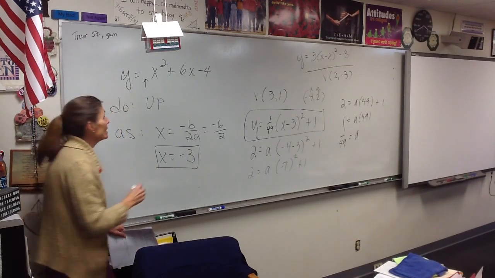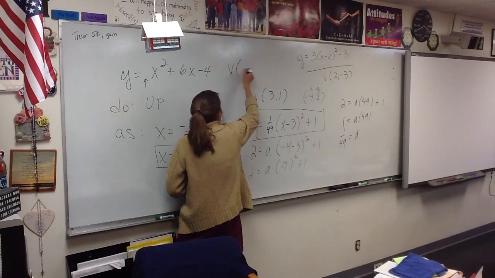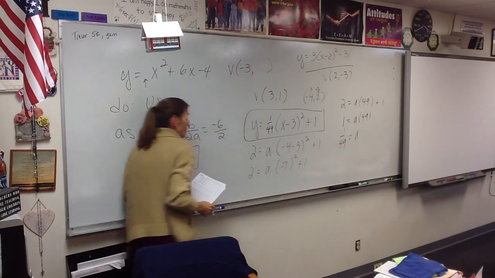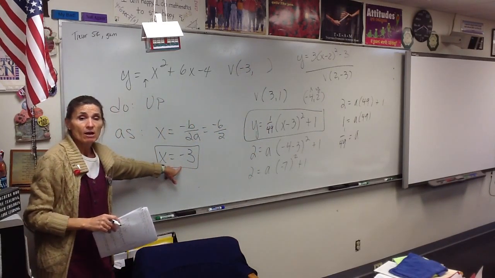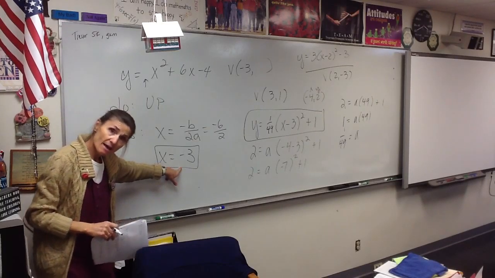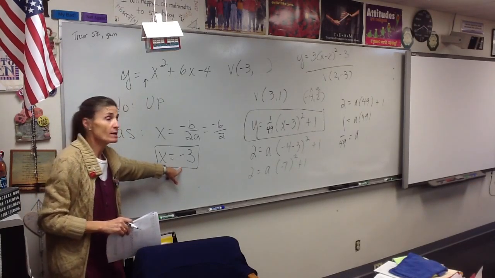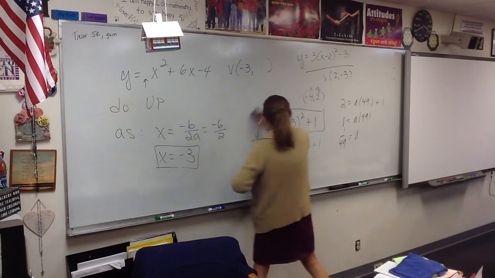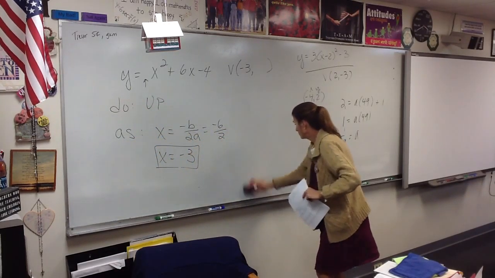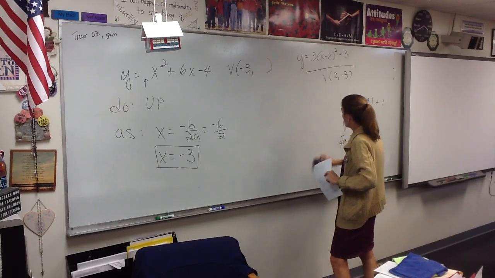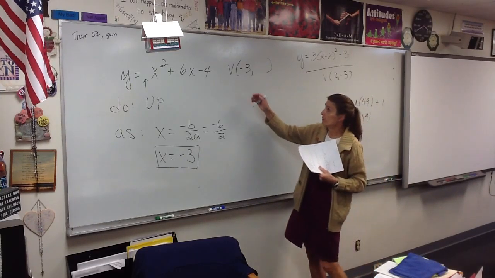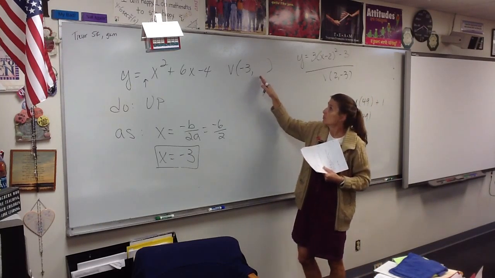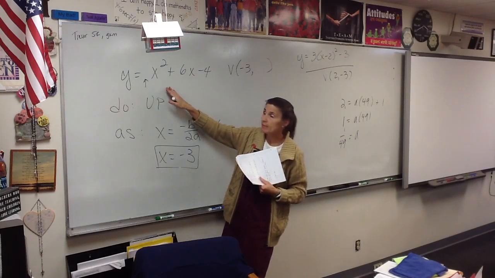Now what's your vertex? Well, kids, remember, your vertex always has the same x as your axis of symmetry. So your vertex is going to have an x-coordinate of -3. Now, what about a y-coordinate? Well, to get our y, we'll take -3 and plug it in.